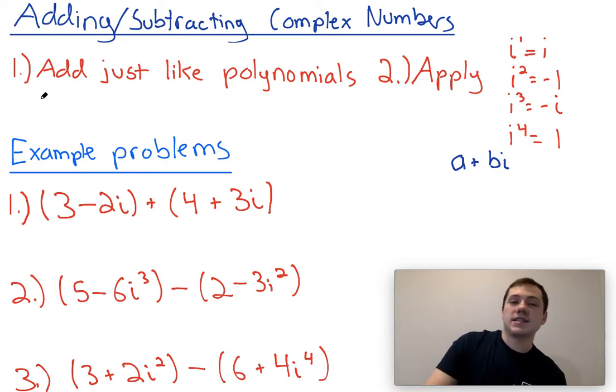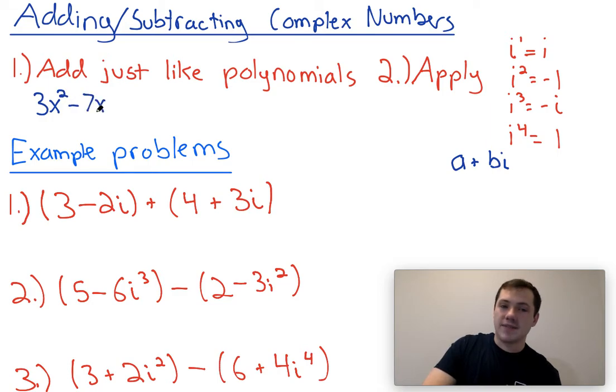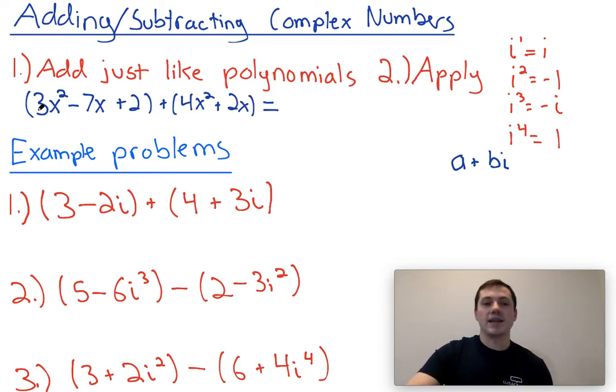So just to re-emphasize how you add just like polynomials, let's say you wanted to add 3x squared minus 7x plus 2 to 4x squared plus 2x. What you would do is add the 3x squared and the 4x squared terms together.